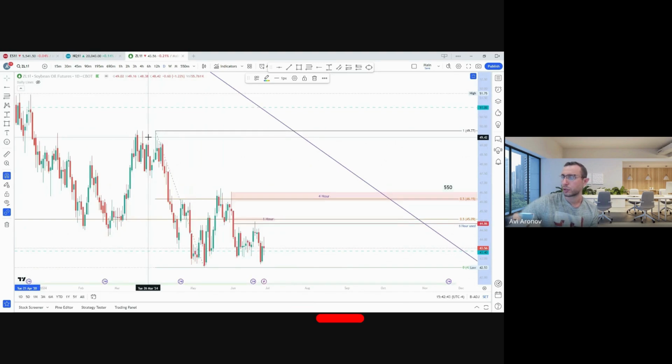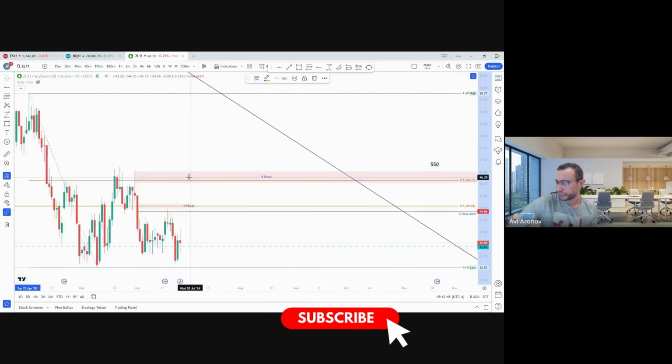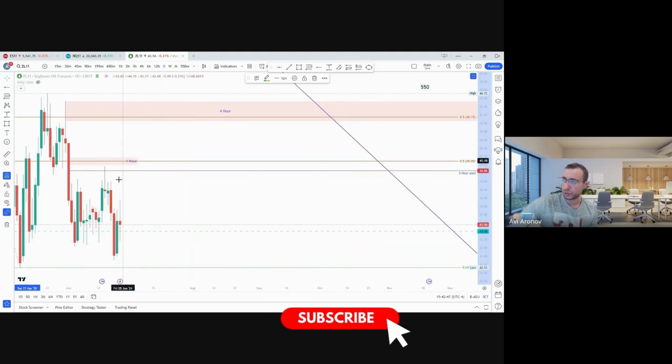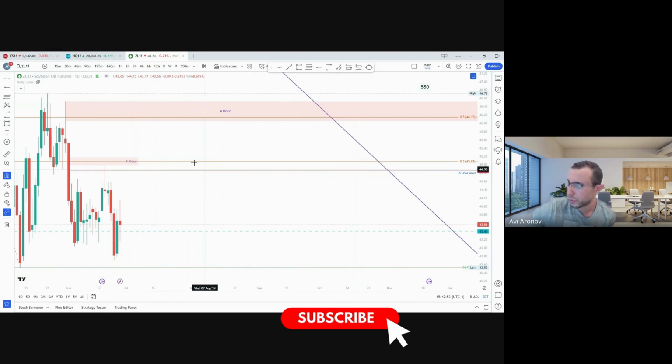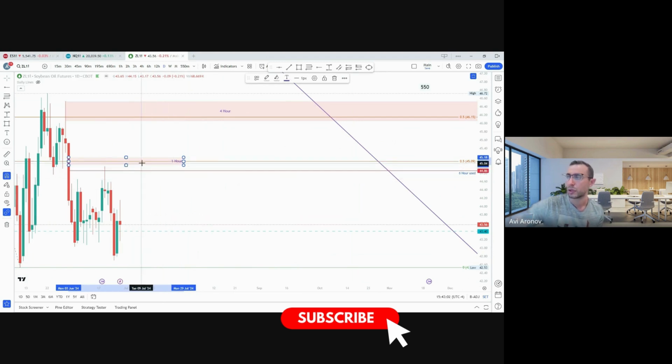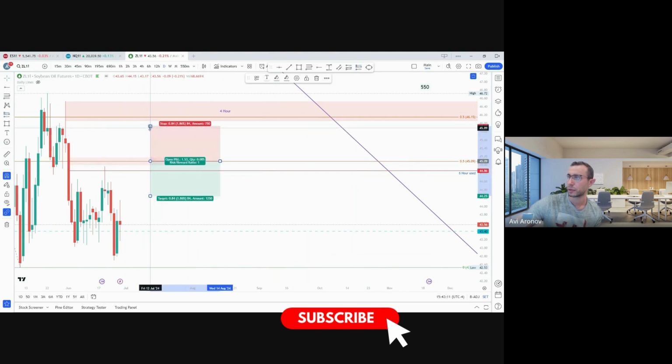Also the risk to the reward is very good and limited for us. So what we will look to do is basically short from this area here, with very, very minimal risk to the reward. Very, very minimal risk, I should say.